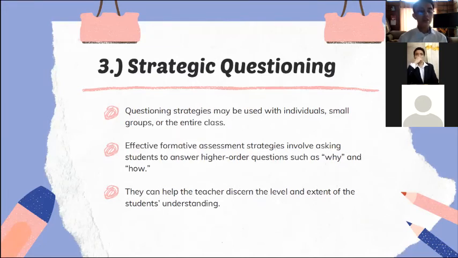So, for example, the teacher already discussed the story in front of the class. And then in the end, the teacher can ask the whole class, or a specific student, why did the author entitle his story as Air Castles?